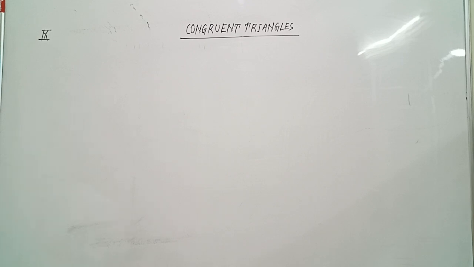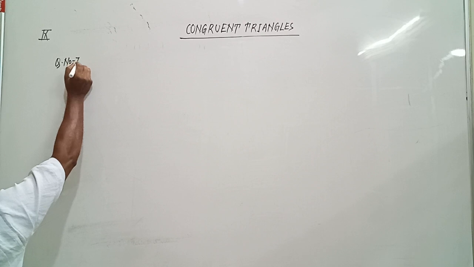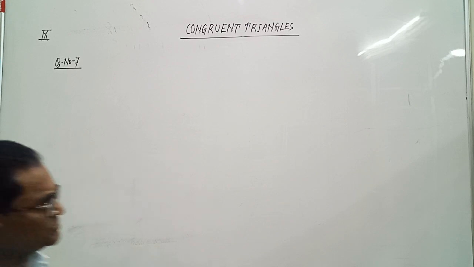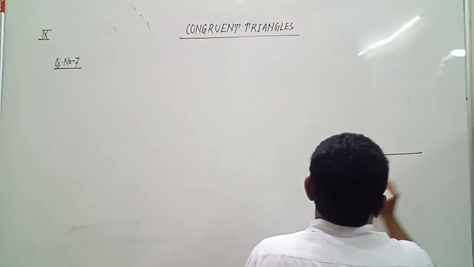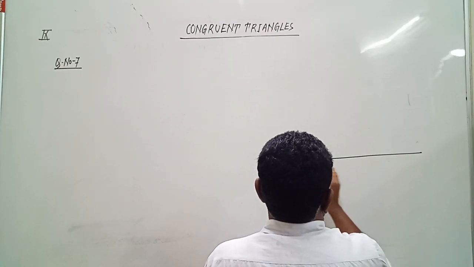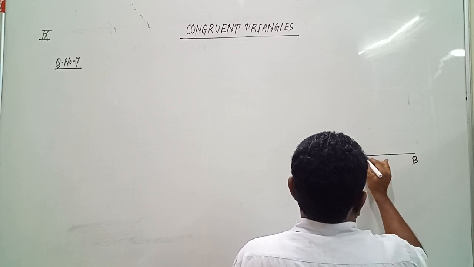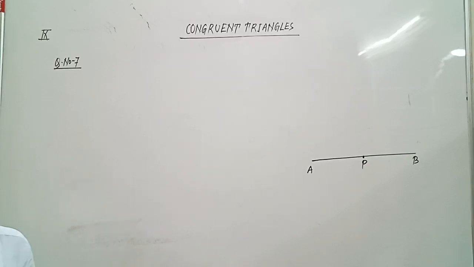Next question, question number 7. AB is a line segment and P is the midpoint of AB.